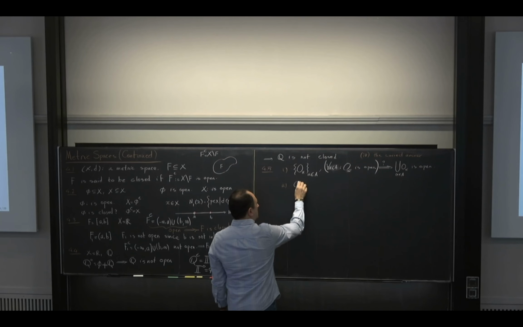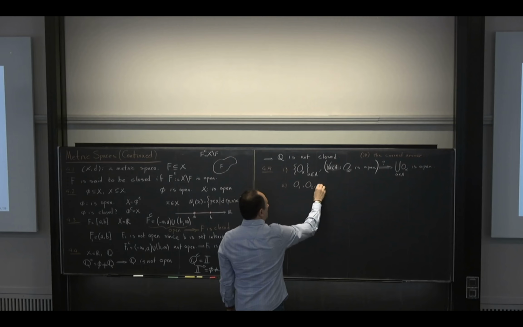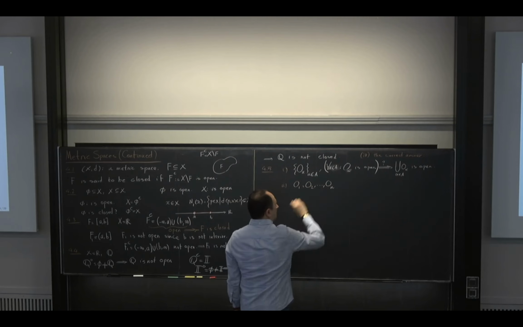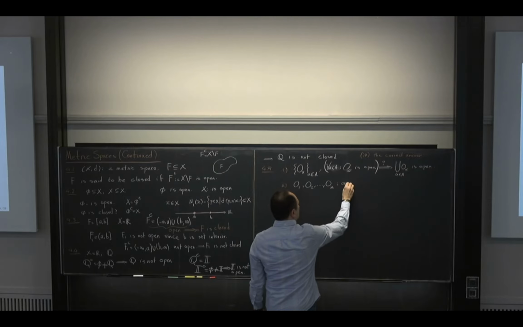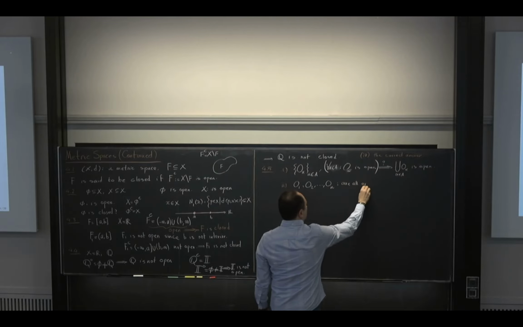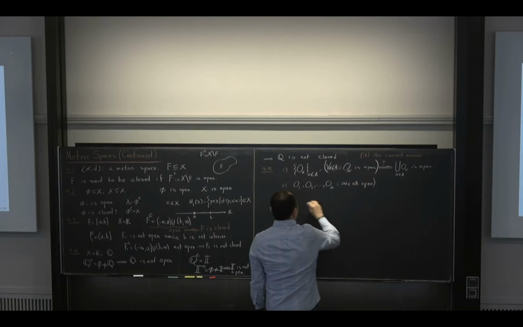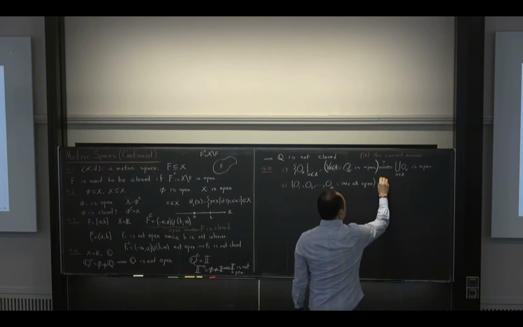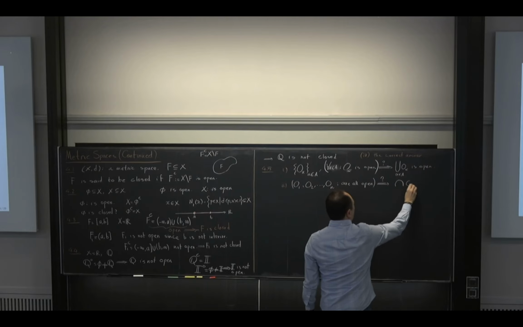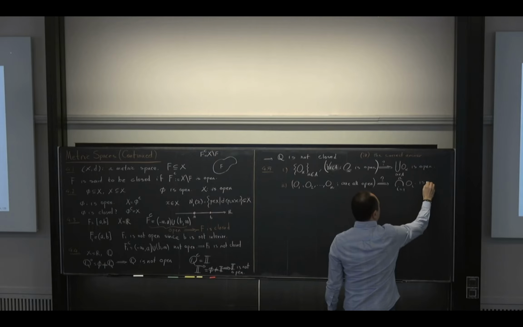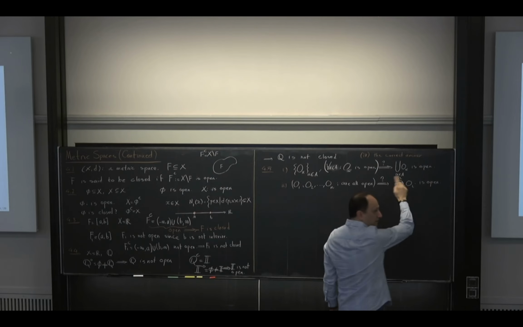For example, O1, O2, up to On are all open. What we want to prove is that the intersection of Oi, i goes from 1 to n, is open. And I hope that you can feel the difference.